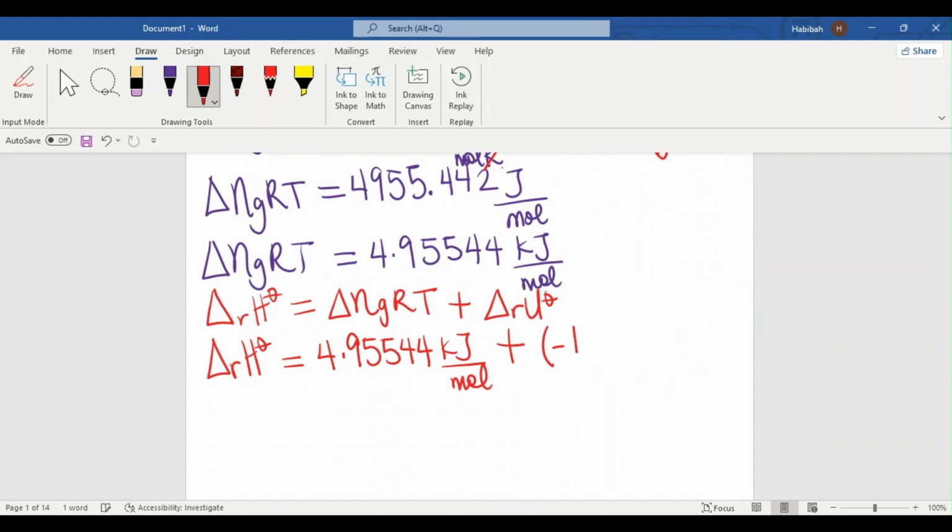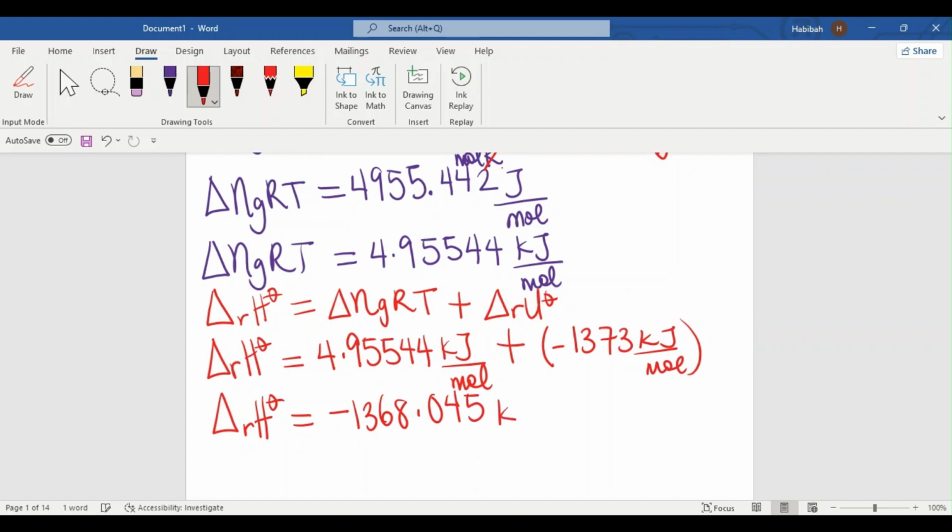So that is 4.95544 kilojoule per mole minus 1373 kilojoule per mole. And when we input that in the calculator, we end up getting negative 1368.045 kilojoule per mole.